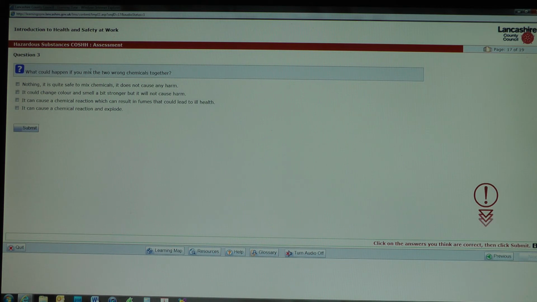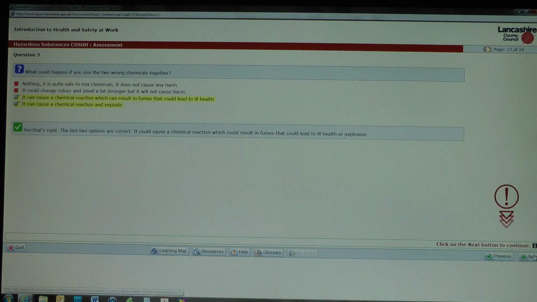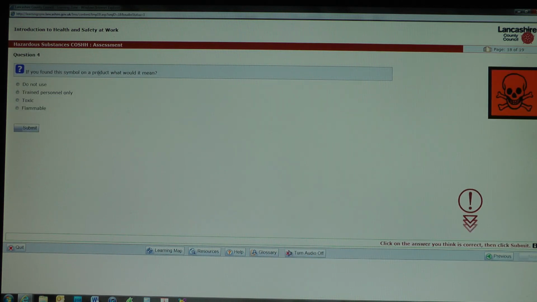What could happen if you mix the two wrong chemicals together? If you found this symbol on a product, what would it mean?